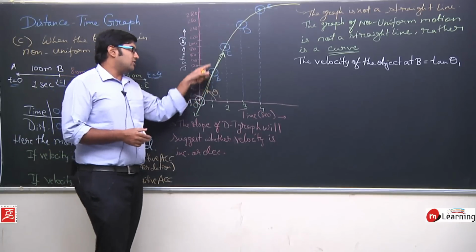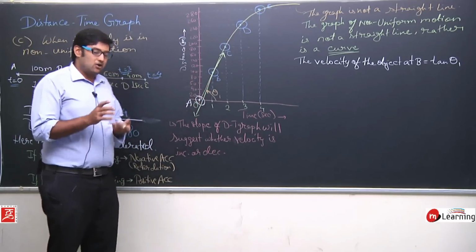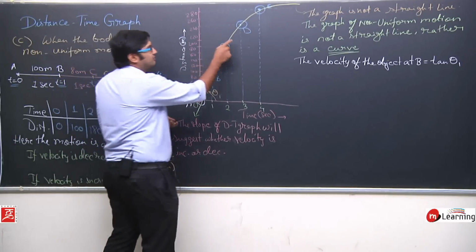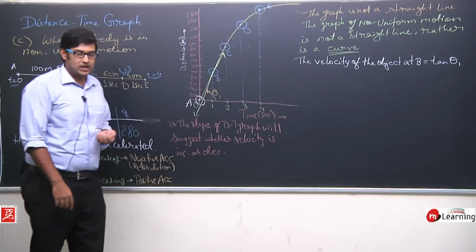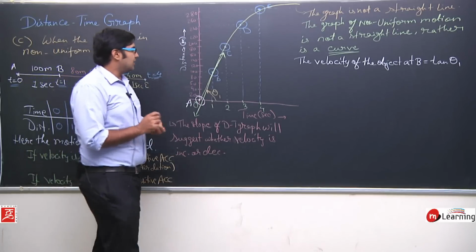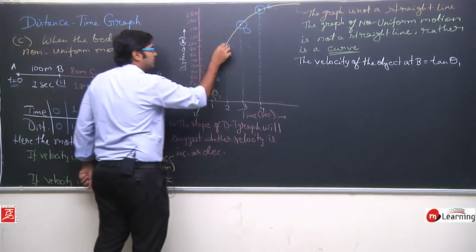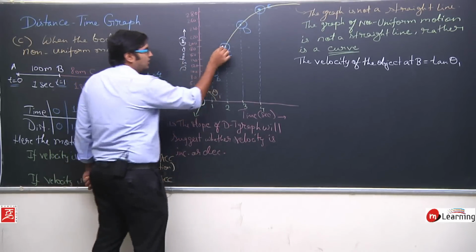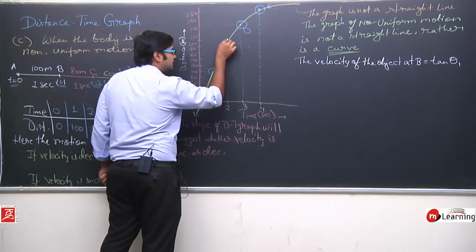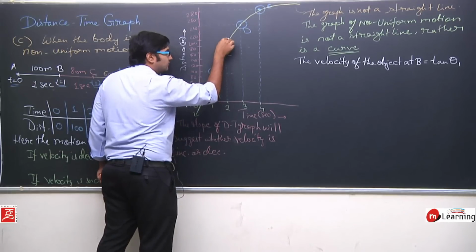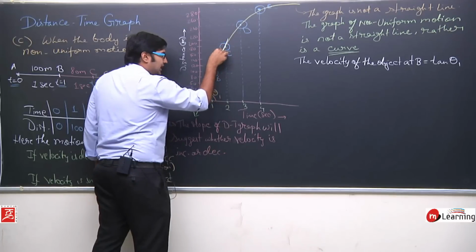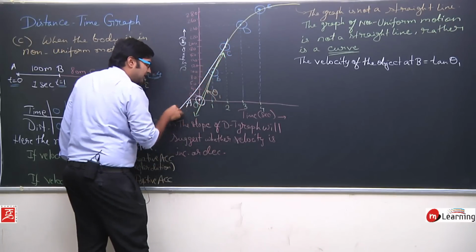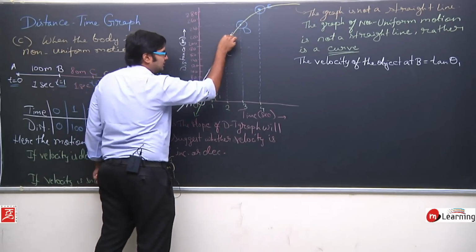See, we have calculated the velocity at point B. Now, if I want to calculate the velocity at point C, my next task is to calculate the velocity of the object at point C. So how can I calculate? For that, I have to draw a line which is touching this point C and touching this curve. Like this I will draw this line.